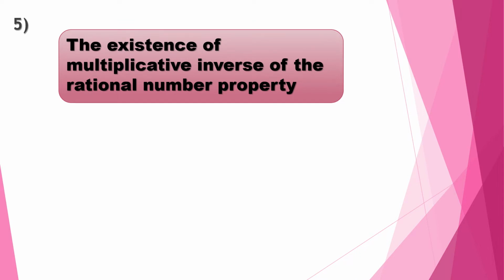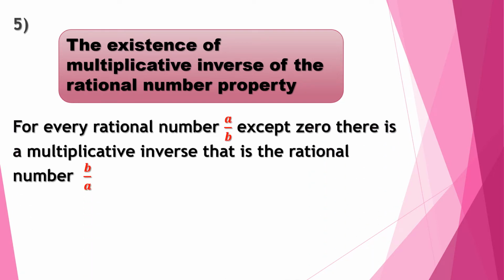Number 5, the existence of multiplicative inverse of the rational number property. For every rational number a over b except 0, there is a multiplicative inverse that is the rational number b over a. For example, if we have 2 over 5, the multiplicative inverse of this number will be 5 over 2.